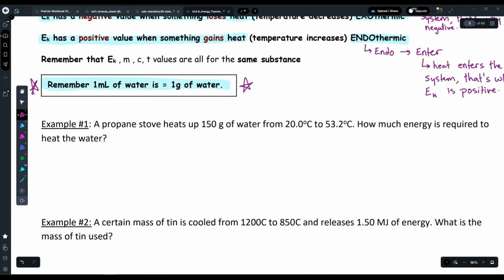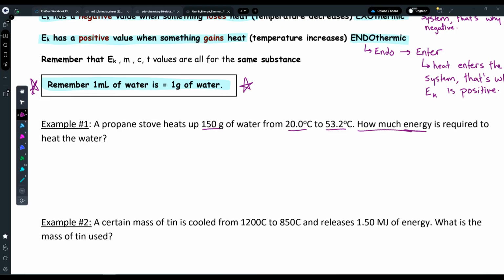All right, so first example here, we have a propane stove that heats up 150 grams of water from 20 degrees Celsius to 53.2 degrees Celsius. How much energy is required to heat the water?